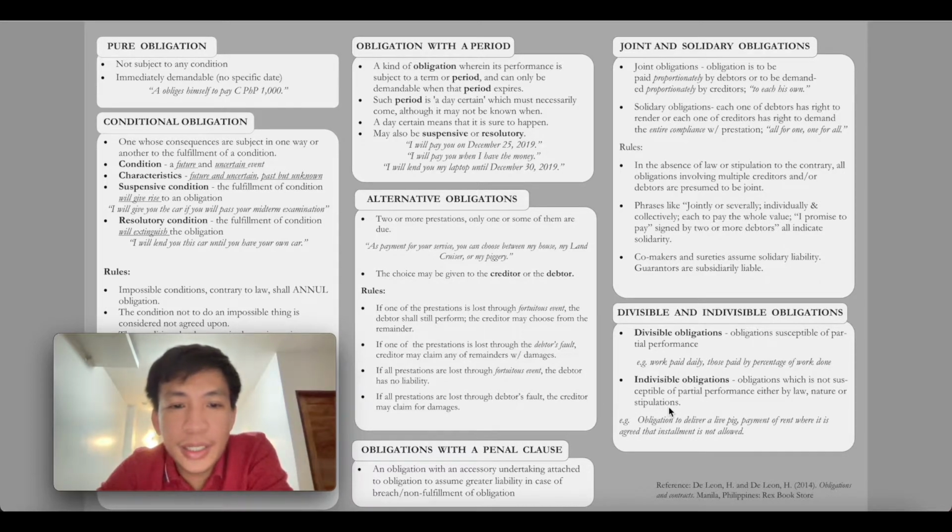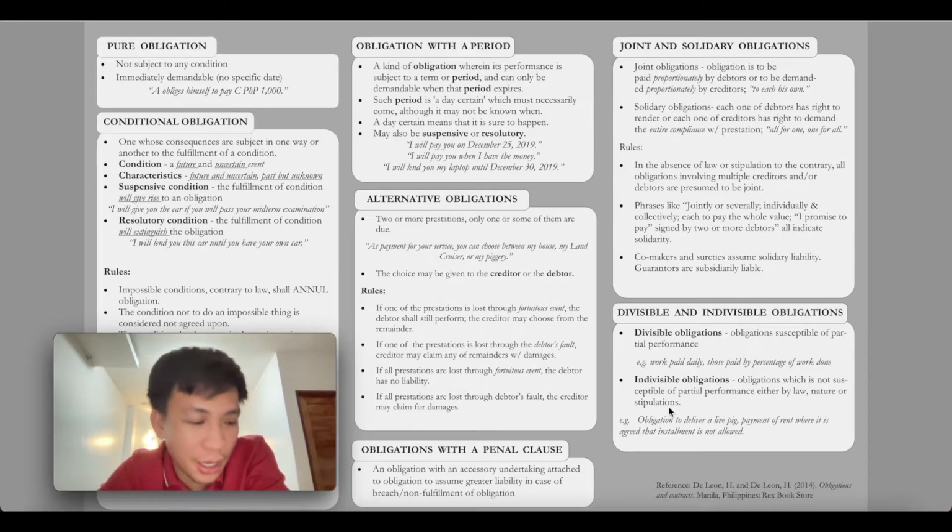Okay. Let's have alternative obligations. Dito naman sa alternative obligation, meron kang dalawang prestation, 2 or more prestations. Only one or some of them are due. Kumbaga, maraming options pero isa o ilan lang ang due doon sa mga yan. Okay. Ang example natin dito is, as payment for your service, you can choose between my house, my Land Cruiser, or my piggery.